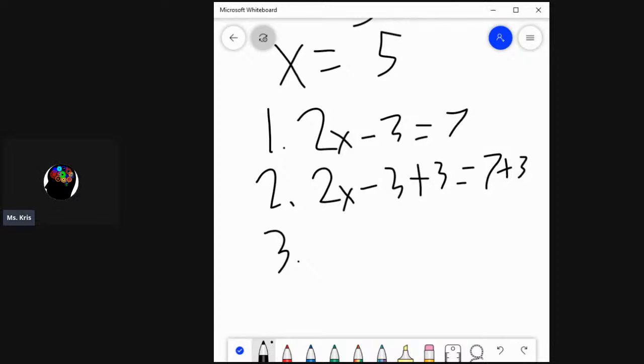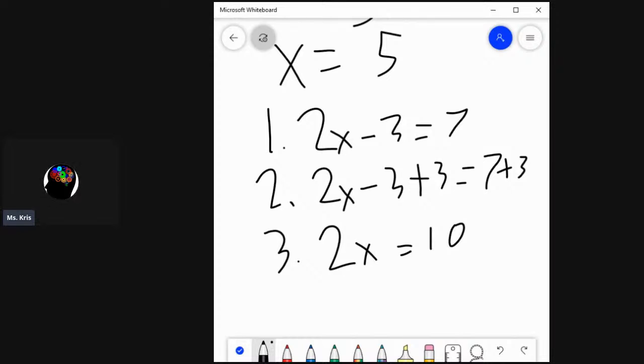Then you have 2x equals 10, and that is considered substitution. Why? Because if A equals B, then A can replace B in any equation.